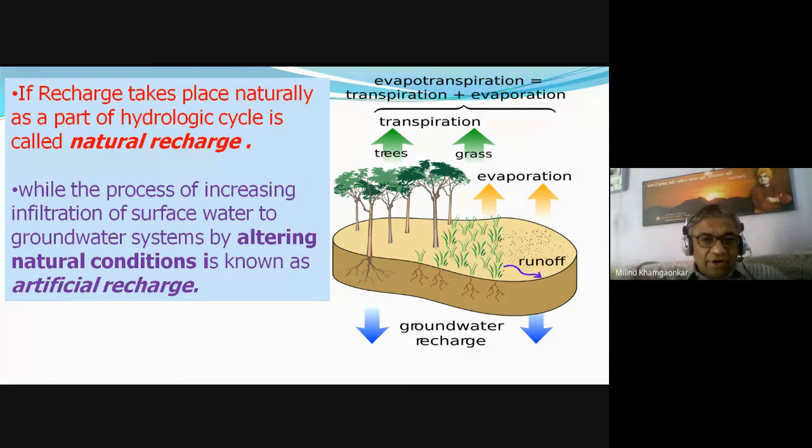And we are more interested in this artificial recharge. है ना, natural recharge तो naturally होता ही है. But when we are extracting more water than what is being naturally recharged, then those aquifers need to be artificially recharged. Again, artificial recharge करने के लिए कोई हम खुद थोड़ी प्रॉपर वाटर प्रोड्यूस करते हैं.